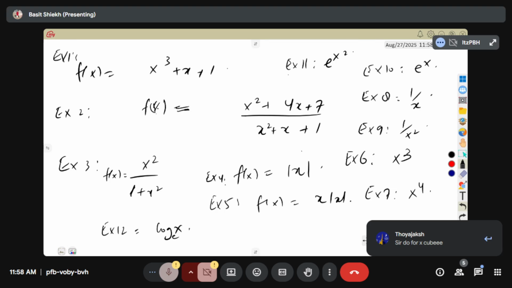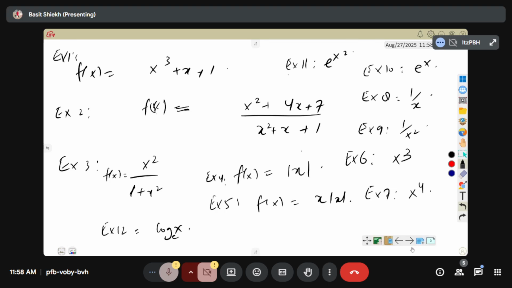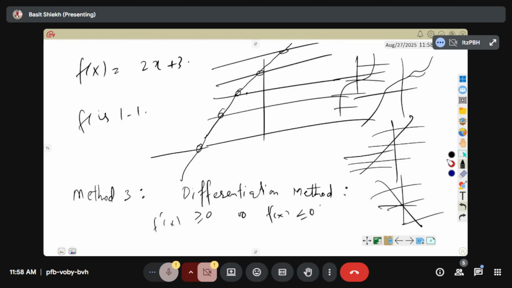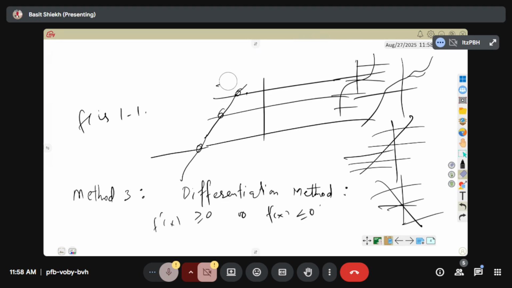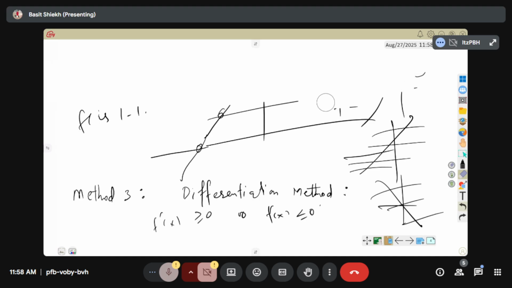Do for x³? I have already done that. Okay, I will do x³ here only. Let's draw x³.